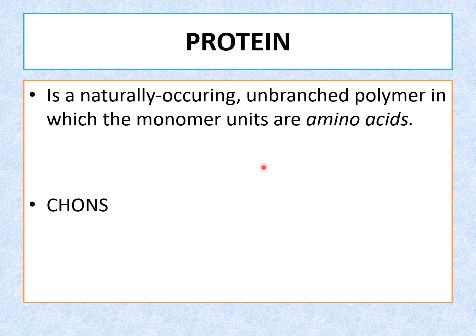So let's have our formal discussion on protein. I guess you've already had your organic chem before, so you're not unfamiliar with the term protein. This is a naturally occurring unbranched polymer in which the monomer units are amino acids. Monomer units are just the same thing as calling them basic units, right?